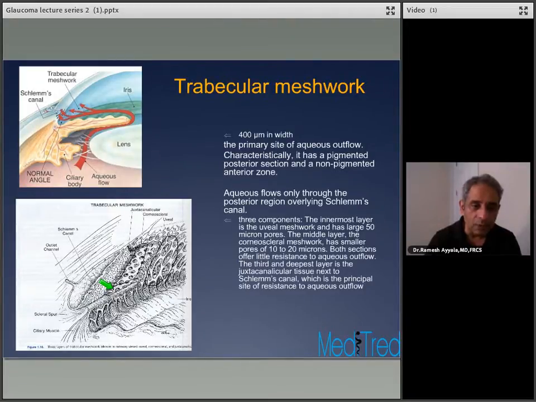And the outermost one, the junction of the corneoscleral portion of the trabecular meshwork and the Schlemm's canal, is what is called the juxtacanalicular area, which is supposed to be the site of resistance of the aqueous outflow pathway. And then you have the Schlemm's canal. Now remember again, this is a question that is frequently asked. The juxtacanalicular tissue next to the Schlemm's canal is the principal site of resistance of the aqueous outflow pathway.